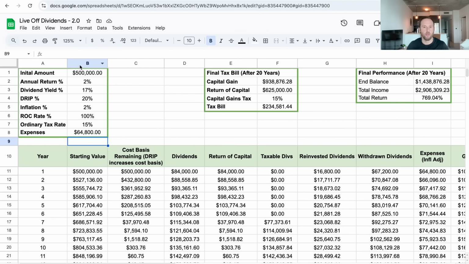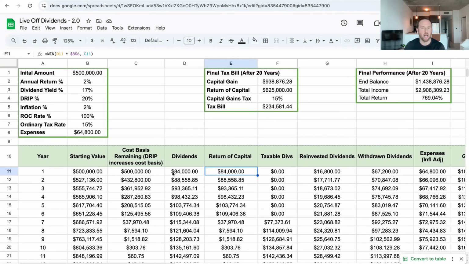So this is the scenario we've built. All right. And you can see we've now mapped this plan out for a 20-year period. Our starting value is 500K. Our cost basis remaining, because it's exactly the same as the starting value, is 500K. We have 84K in dividends yielded through this plan, which is a 17% dividend yield.